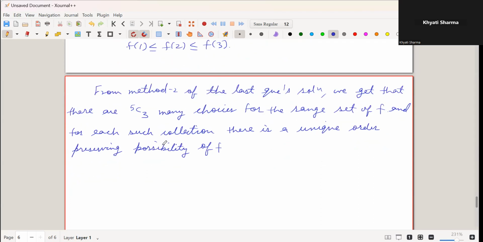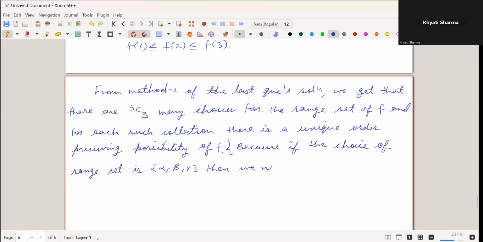Okay, and this is because if, say, the choice of range set is some alpha, beta, gamma, then we need to define f such that f(1) is less than f(2) less than f(3), and the range of f is alpha, beta, gamma.